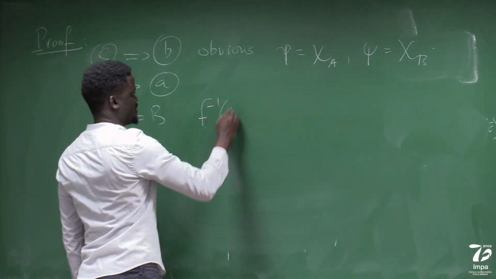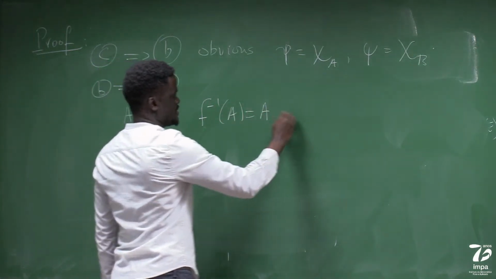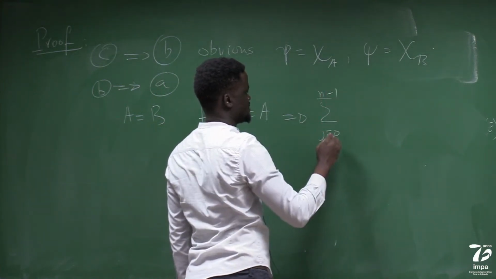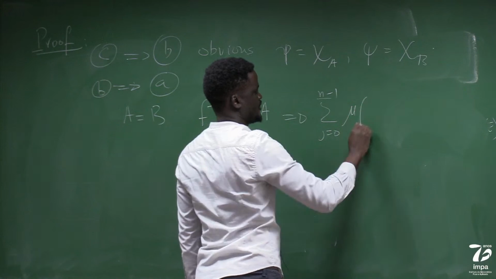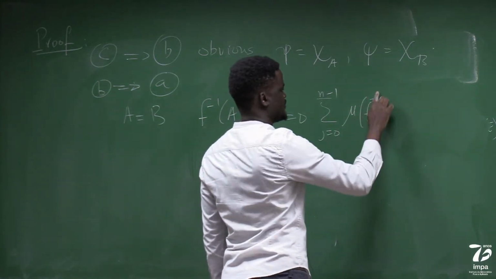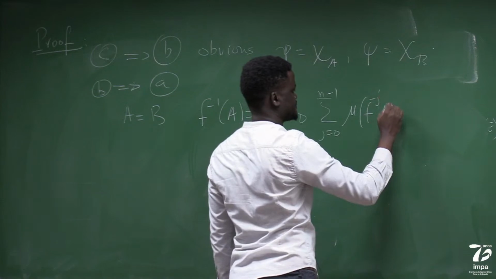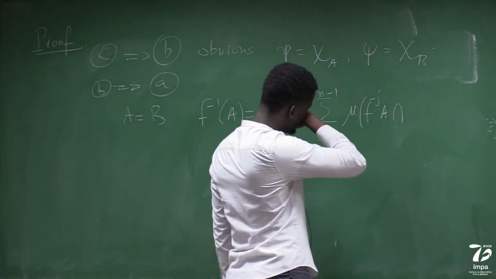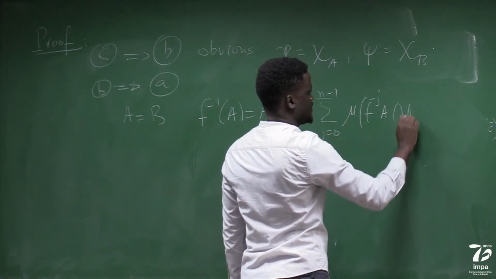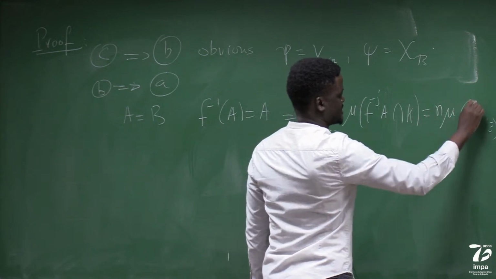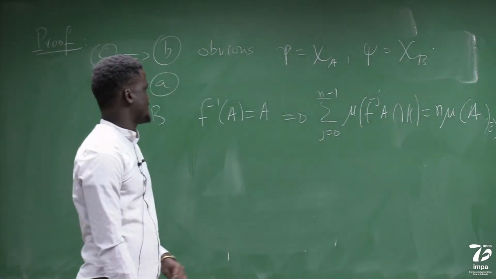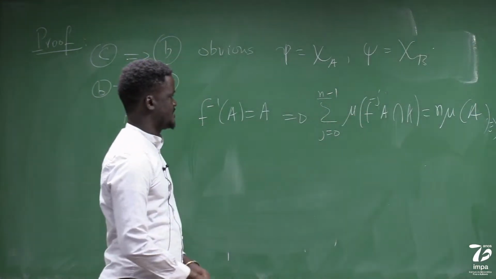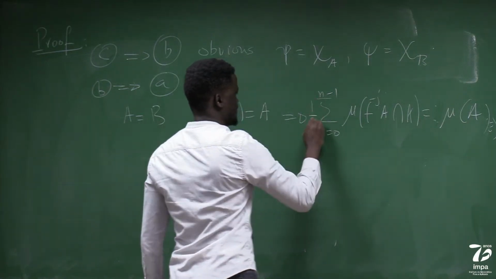If you have F^-1 of A equals A, this means that the sum from j equals 0 to n minus 1 of mu of F^-j A intersect with A is just n times mu of A, because it's the same.